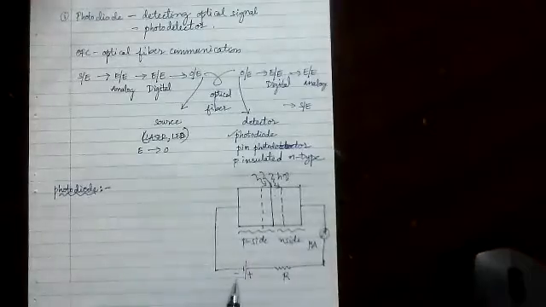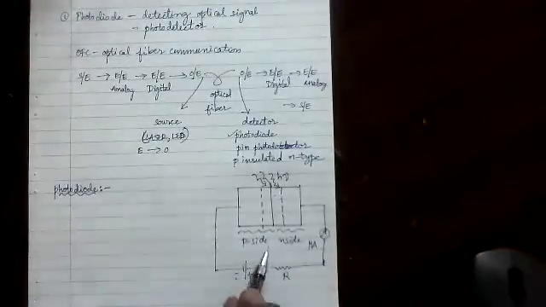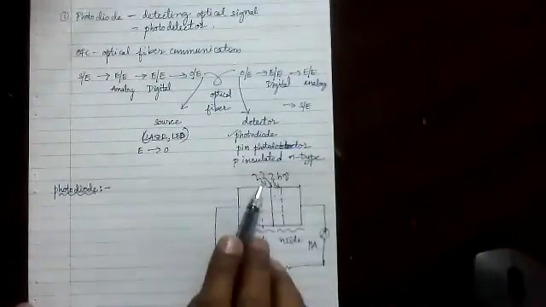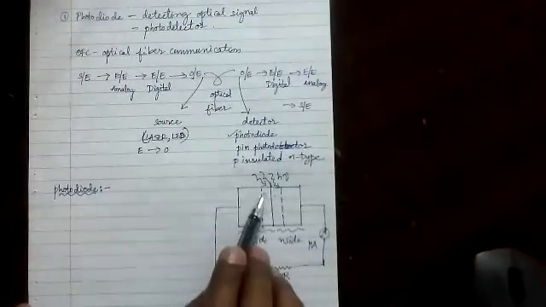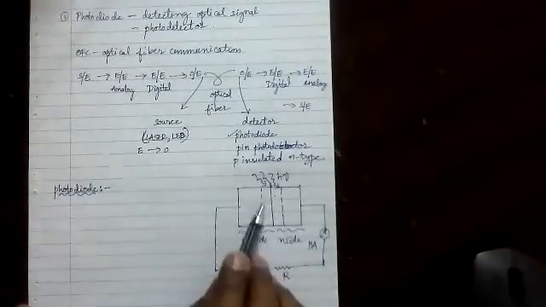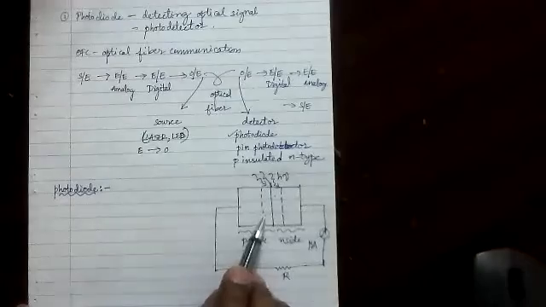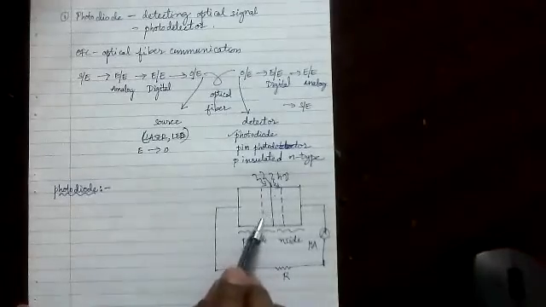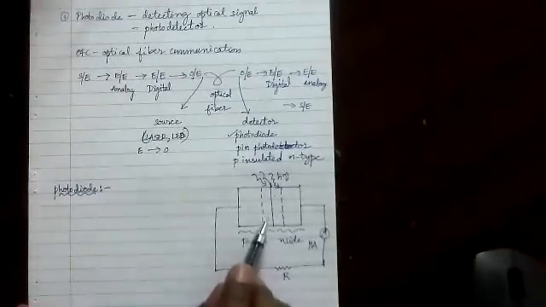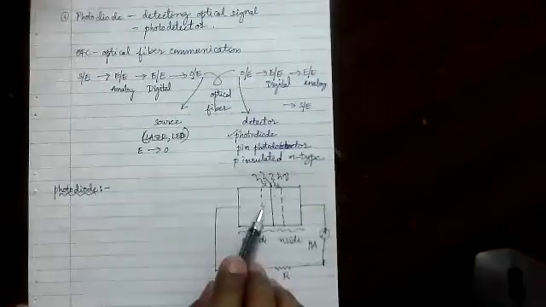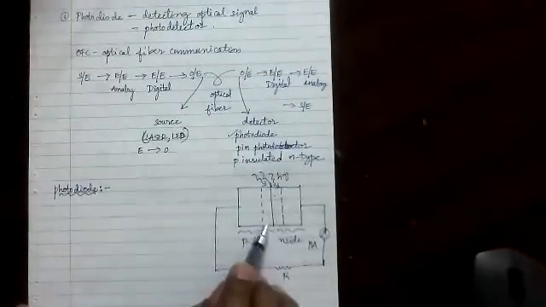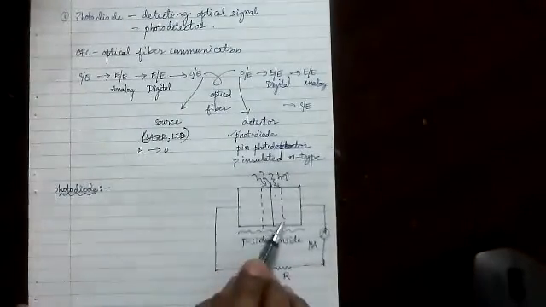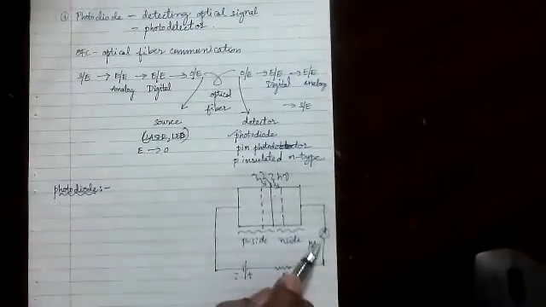That 0.1 is provided by these photons. When light is incident on the junction region, where electrons and holes or minority charge carriers are available, electron hole recombination takes place, and they start flowing. Electrons start flowing from N to P, and holes start flowing from P to N. Due to that, you can see the flow of current here.